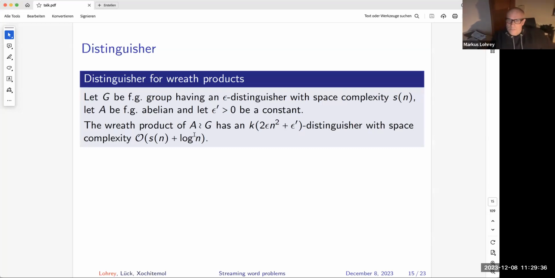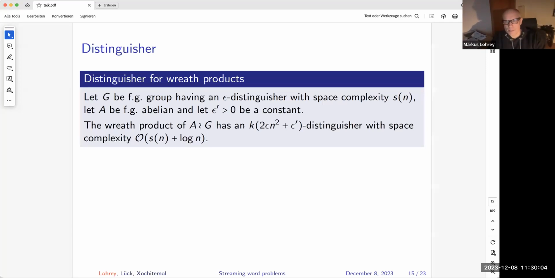I should say that these are transfer theorems. From a distinguisher for G, you get a distinguisher for the Reith product of A and G, and similarly for the graph products on the slide before. We do not have such a transfer theorem for the probabilistic streaming space complexity directly, but we have it for distinguishers.